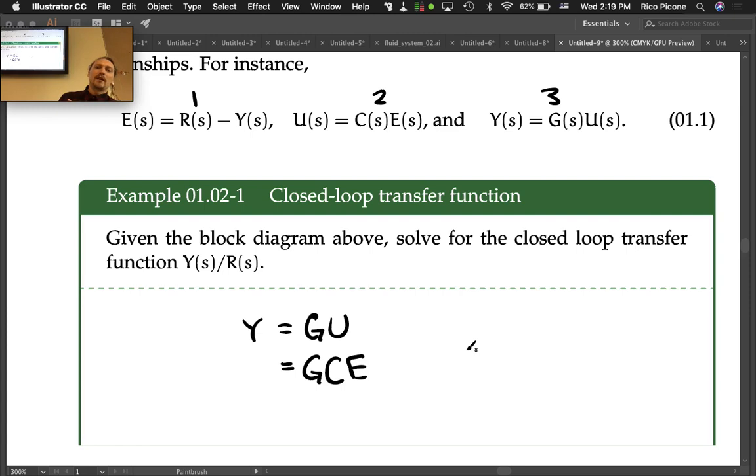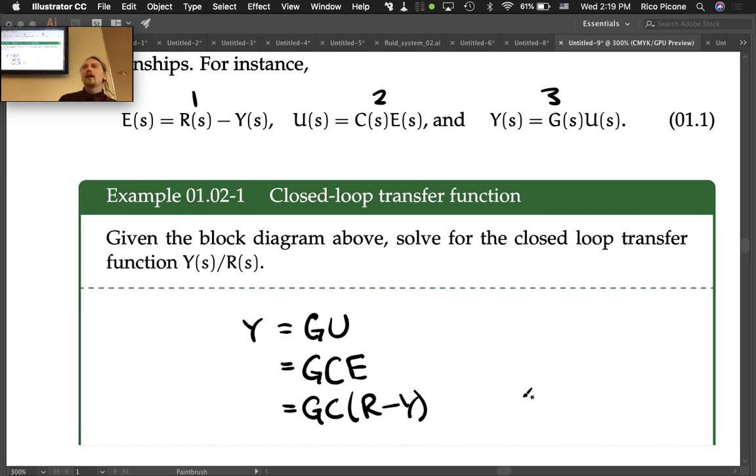So we got rid of U, and we picked up an E. So we've got to get rid of E. Let's use equation 1 for that. So we have G, C, and then instead of E, it's R minus Y. And now we've actually eliminated U and E, and we have Y on both sides.